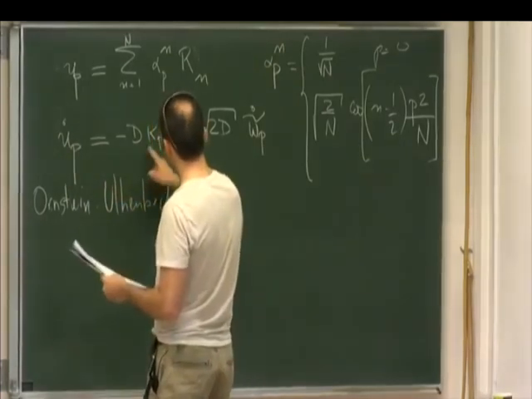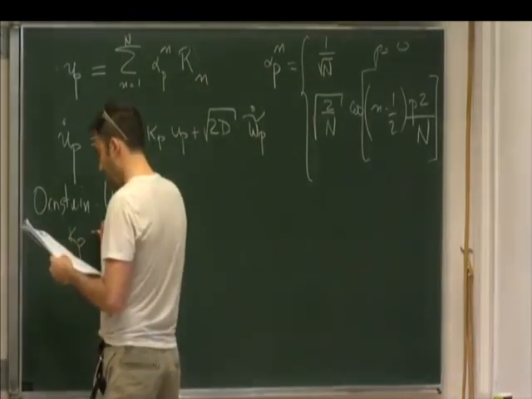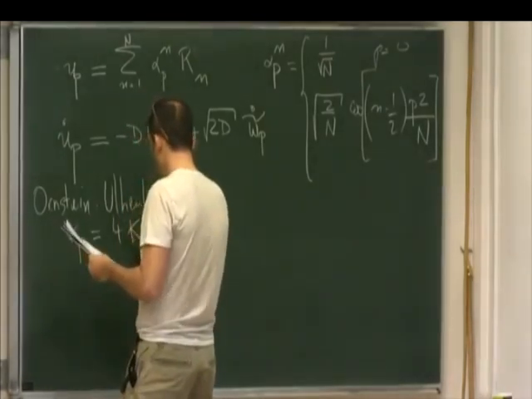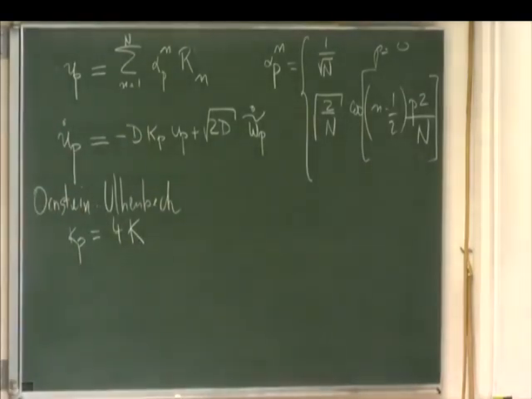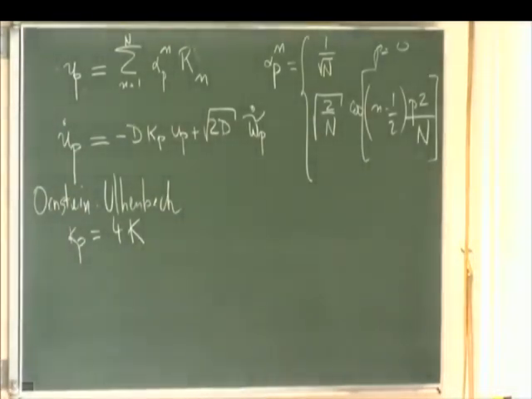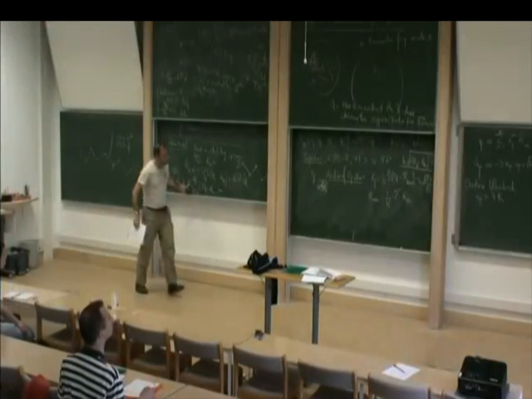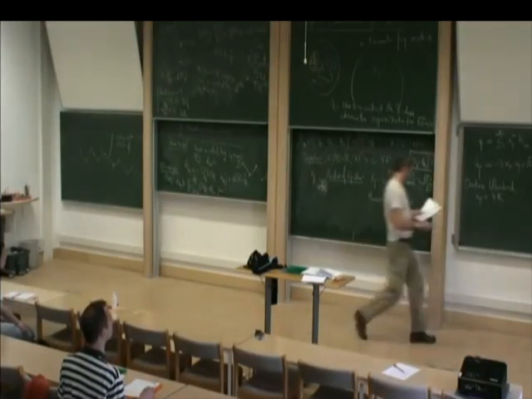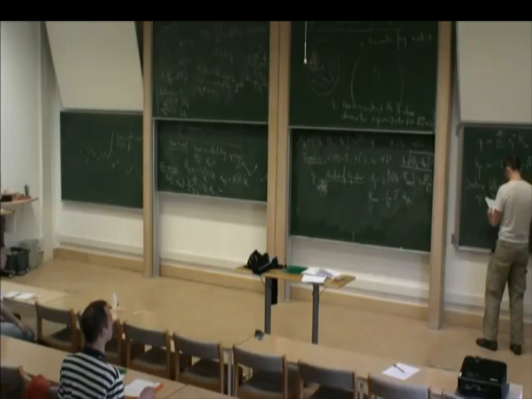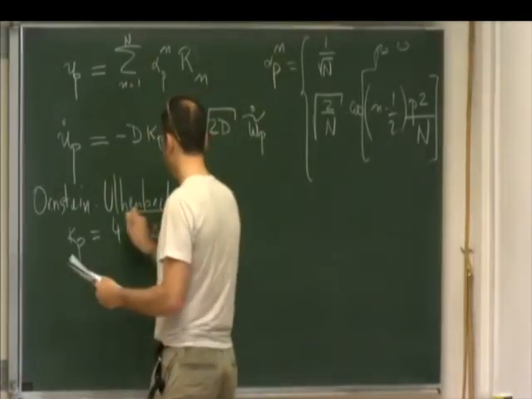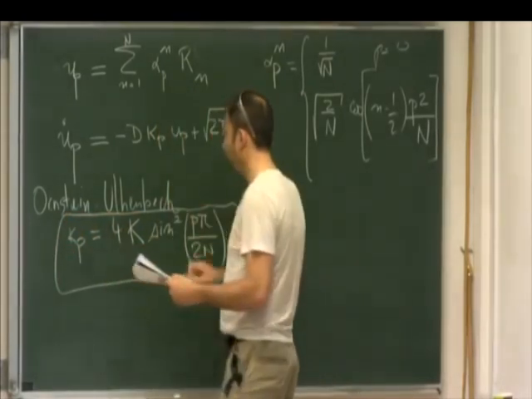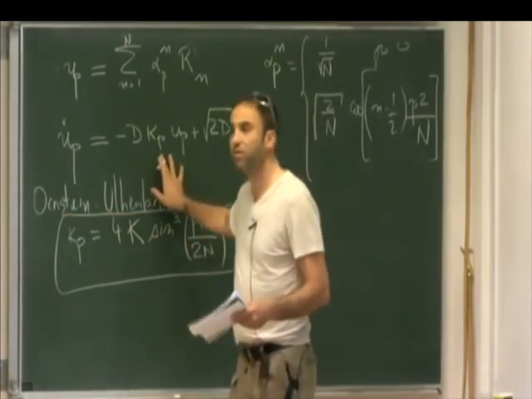D is the diffusion coefficient. Kappa P, this is the interesting quantity, which is 4 kappa, where kappa is a spring constant defined here, times sine squared of p pi divided by 2N. These are the eigenvalues of that. Yes, this is the eigenvalues of this.